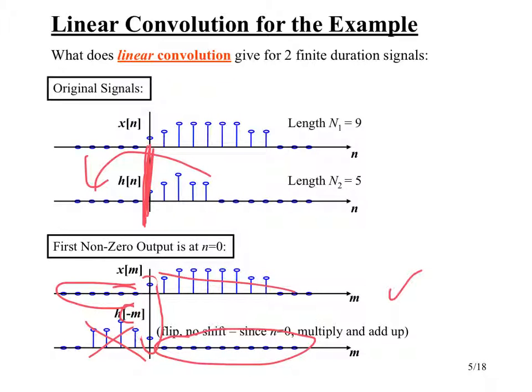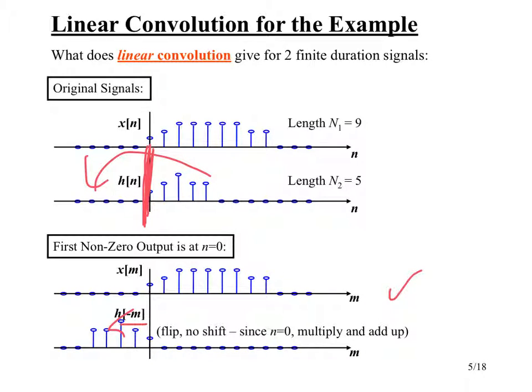Now notice also that we can claim that our output is 0 for any negative n, because a negative n would correspond to a shift to the left of this. And if we shifted this to the left, then we would have no non-zero products of the two signals.